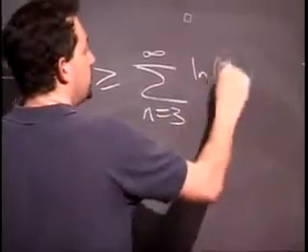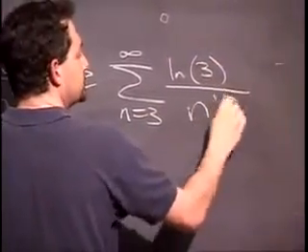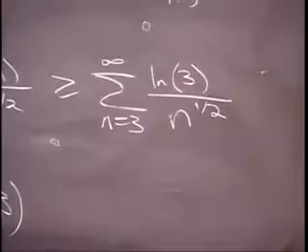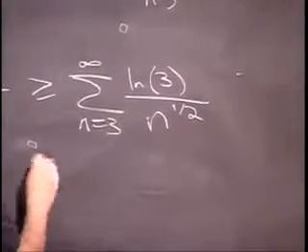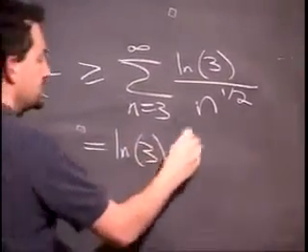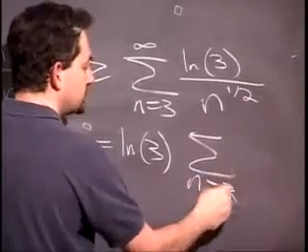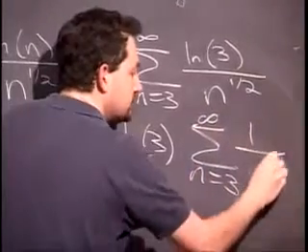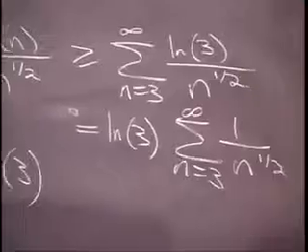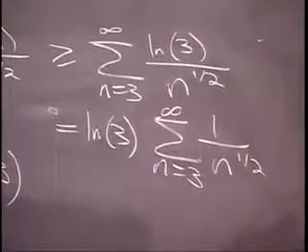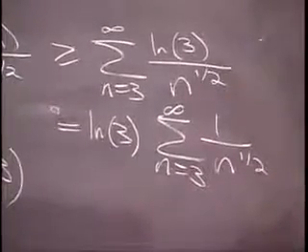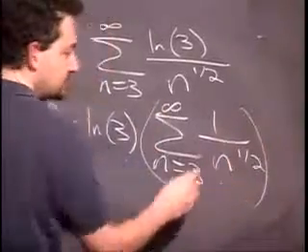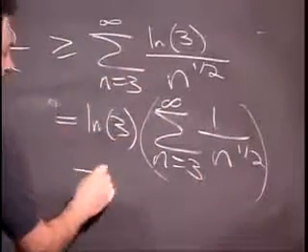with log 3. Log 3 is just a constant, so I'm going to pull it out. It's quite irrelevant. That series diverges. This is infinite. So log 3 times it is also infinite.